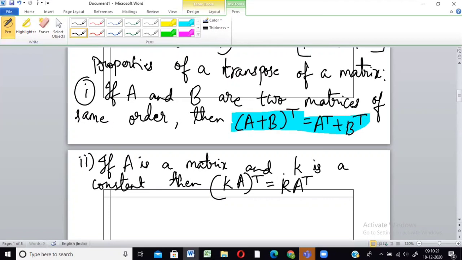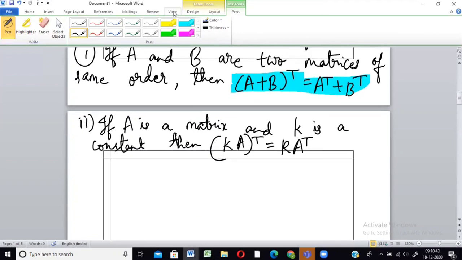Please understand the difference between the previous one and this one. There, A plus B, both were matrices. Here A is a matrix, but K is not a matrix, it's a constant, any number. So K into A transpose, the transpose applies only to A, not to K, because it's a constant. You cannot have this transpose. Let me just highlight this.